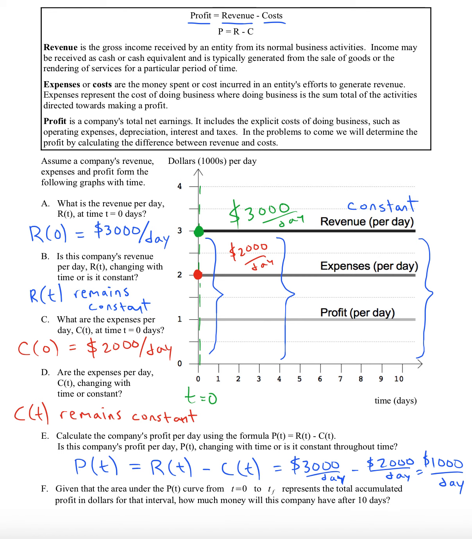Last question says, the area under the curve has meaning here. It represents the total accumulated profit in dollars for a certain time interval. So if we let our time interval be 10 days, how much money has the company actually earned? So I'm going to section off the area that we're interested in here, and then I'll shade it in.